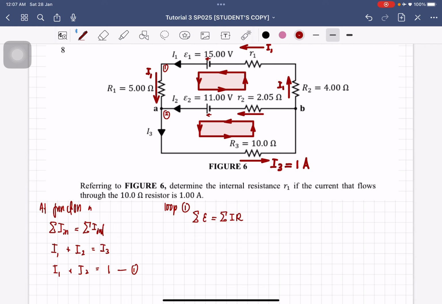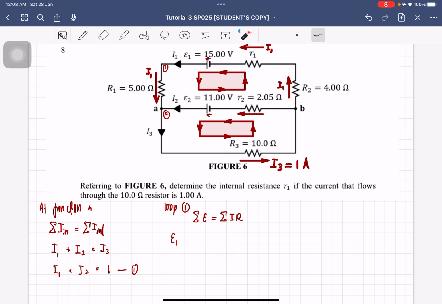For the left hand side, we will only be looking at the cell, which is the battery here. How do we decide whether it's going to be positive or negative? Remember, the direction of the EMF should be following the direction of the loop for it to be positive. Since both of these are going to the left, it's going to be positive EMF 1.